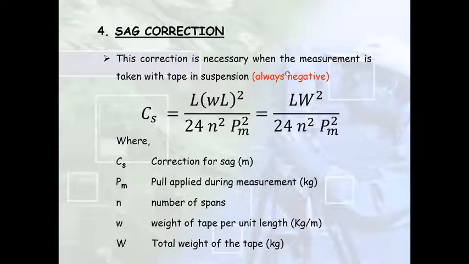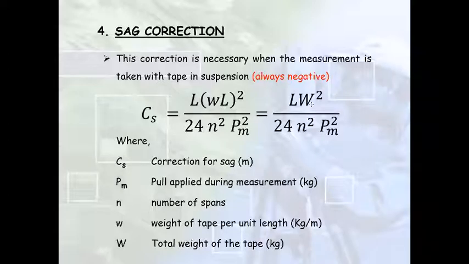So the equation that we have for sag correction is given by Cs, and this equation is equal to the length of the tape, total length, times the total weight of the tape, which is W. So sometimes the weight is given to you in terms of unit length, so this much grams per this much length.